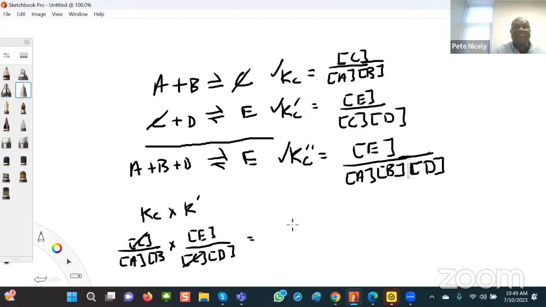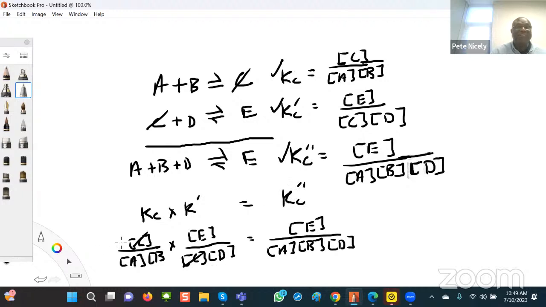And the final answer is going to be concentration of E divided by concentration of A times the concentration of B times the concentration of D, which is Kc double prime.